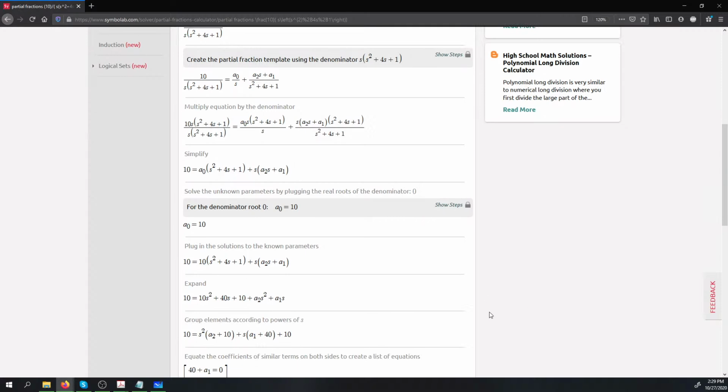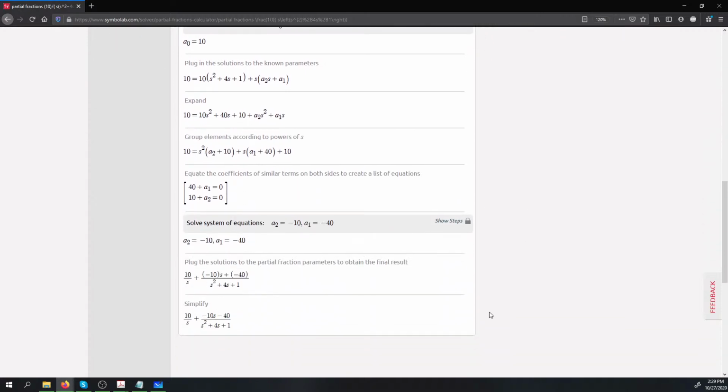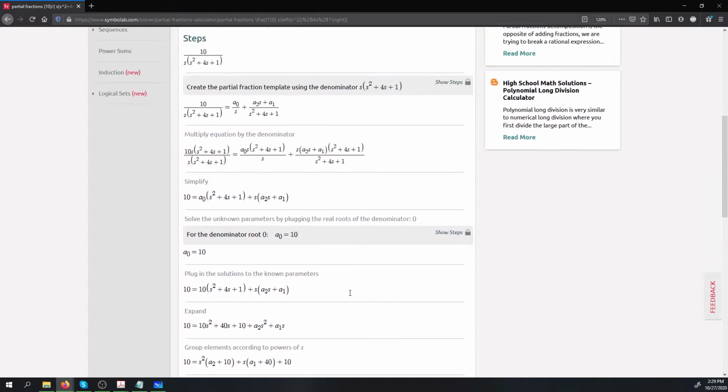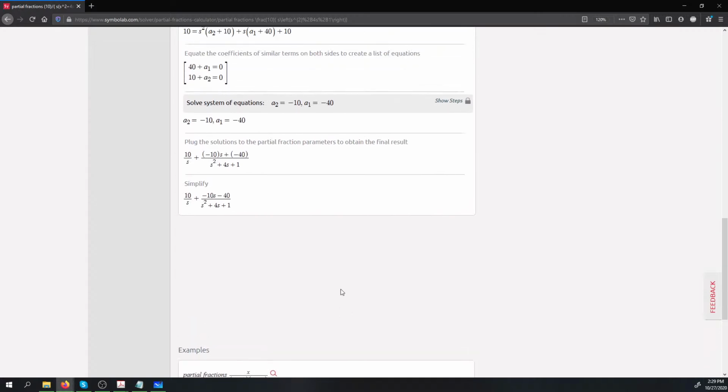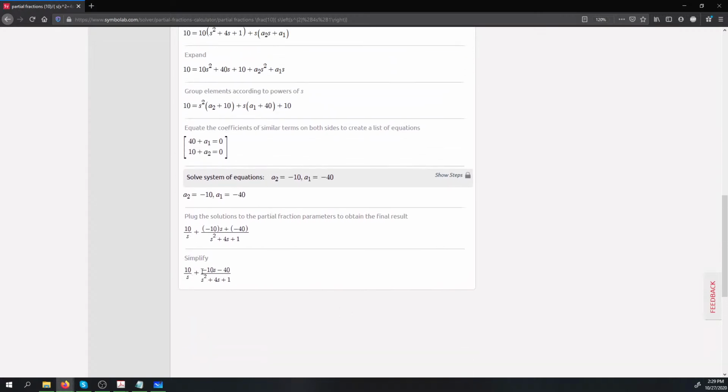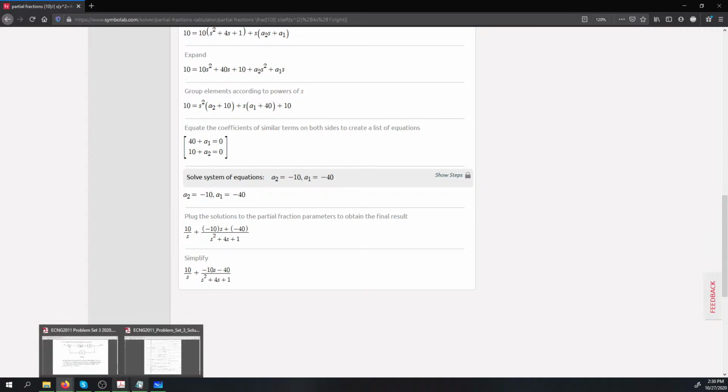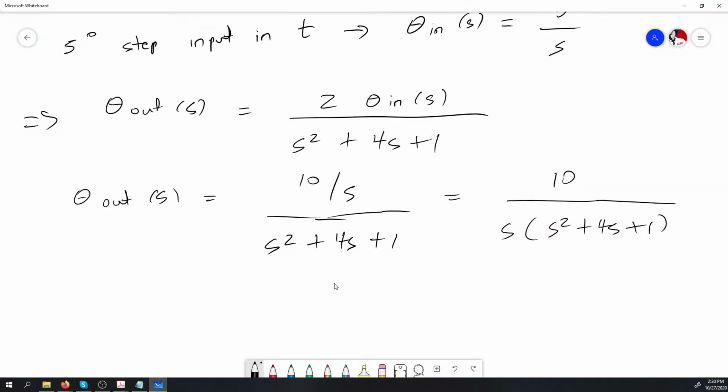And we basically see that when we start resolving this, for our components, this being a0 is 2s and a1 here, we see that we got 10 on s plus minus 10s minus 40 divided by s squared plus 4s plus 1. So let's actually write this in.